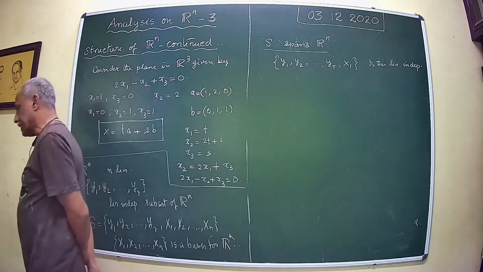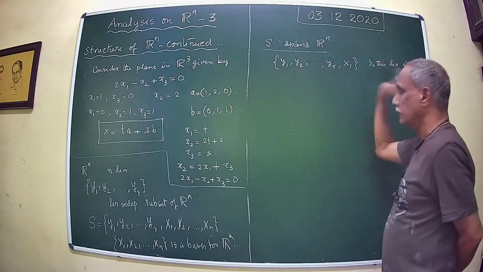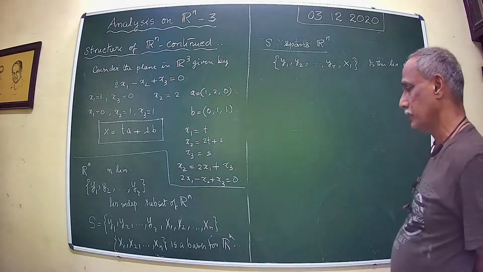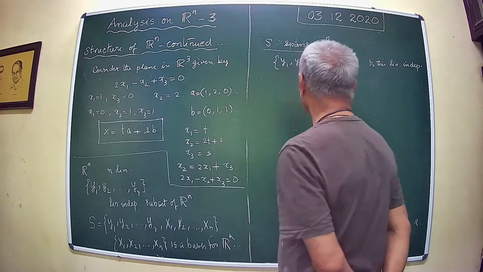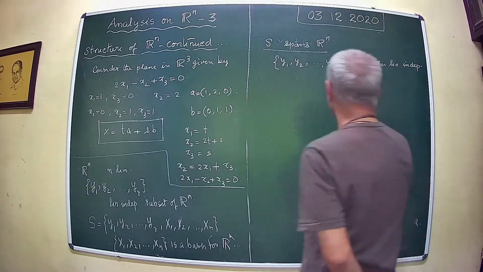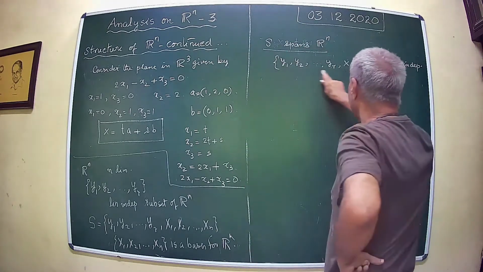If it is linearly independent, then you retain this. Then you take x1, and if this is linearly independent, then you already keep this one.